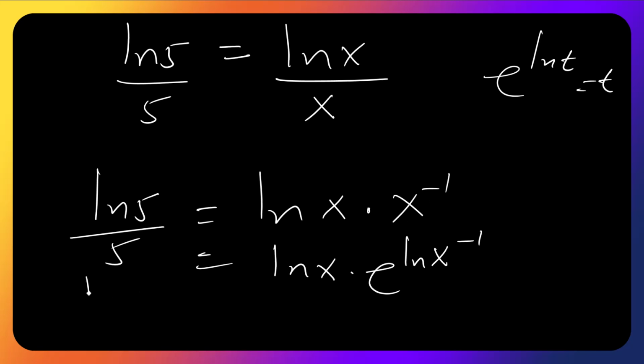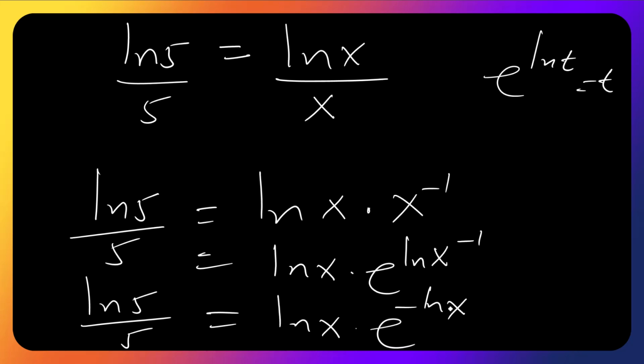So we have ln of 5 over 5 equals ln of x times e raised to, now let's bring this one here, negative ln of x. Remember, we are working towards what is here and what is there being equal, but we have negative ln of x, and this side is positive.